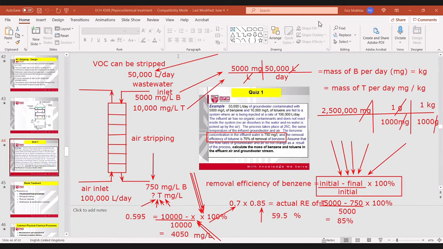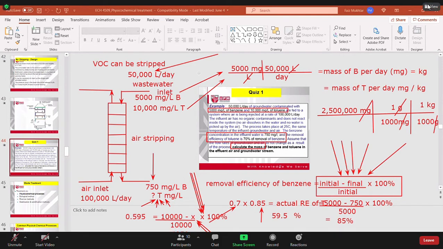Since the question asks you to calculate the mass, have a look at the question. It says calculate the mass. I use concentration here because the question gives us concentration. That is not the mass, that is concentration. So how do you change your answer into the mass? I already showed you earlier.